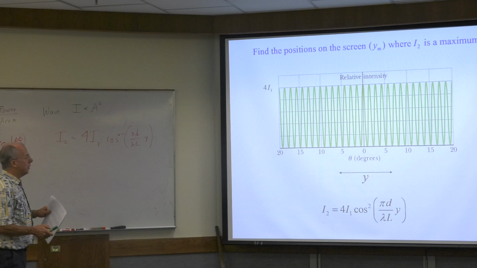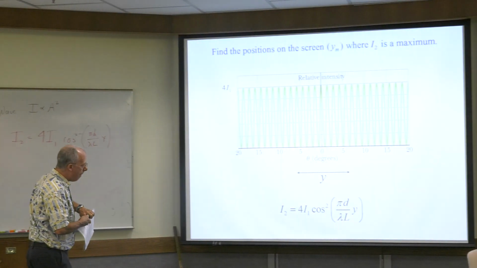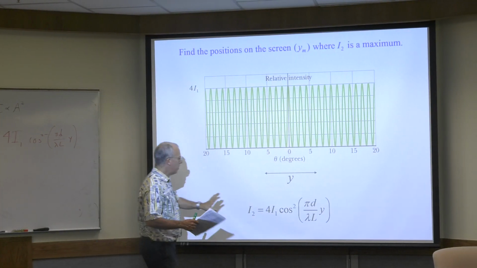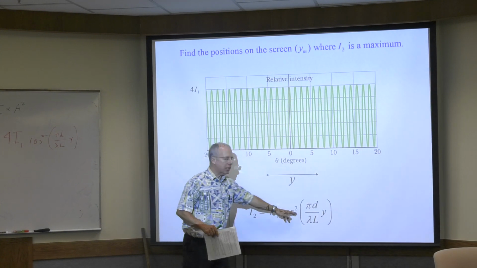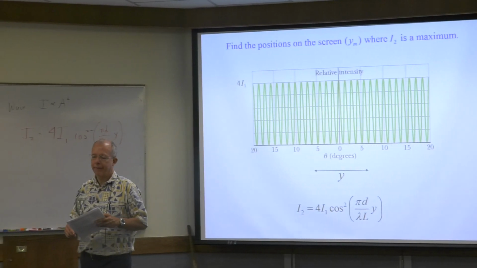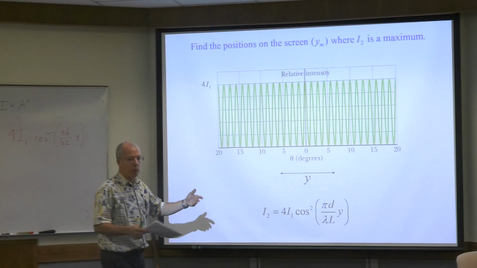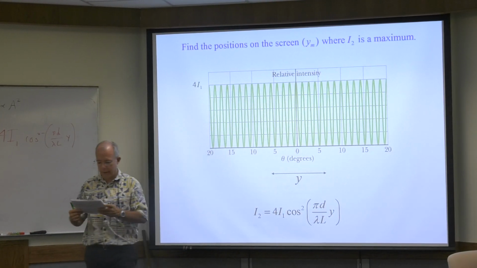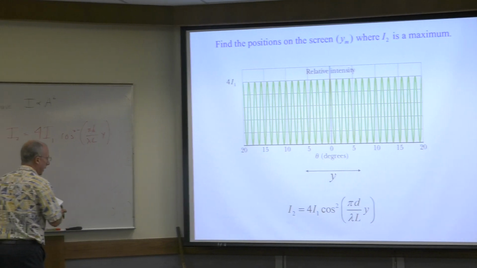All right. So we want to find the positions where I2 is a max. Well, if this is a max, what's the maximum cosine? 1, right? So it's squared, so it could be plus or minus 1. So here we go.